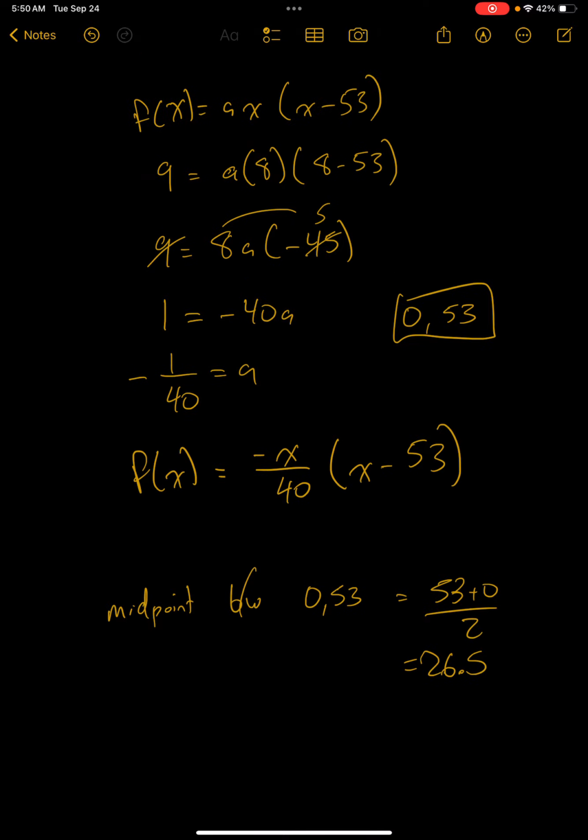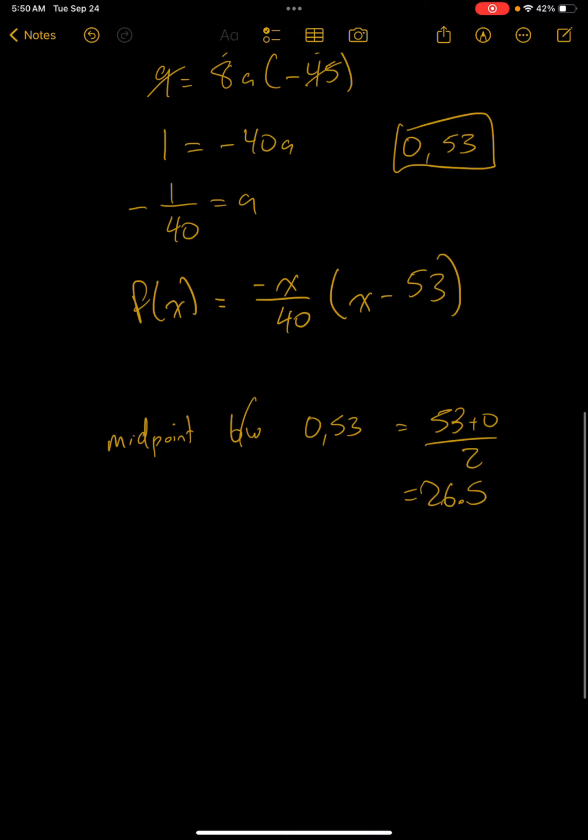Okay, now we substitute it in our formula. f of 26.5 is equal to negative 26.5 over 40, multiplied by 26.5 minus 53.